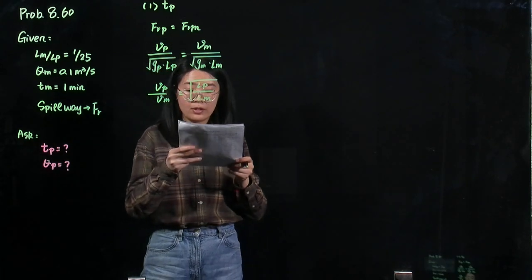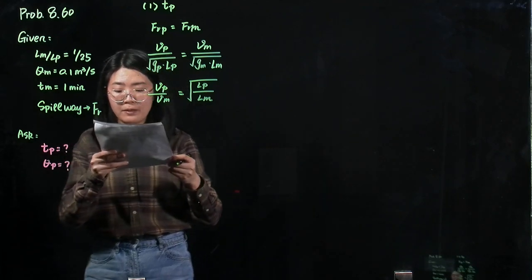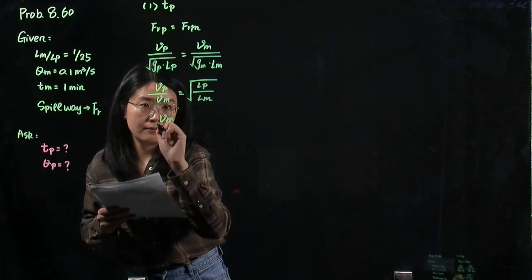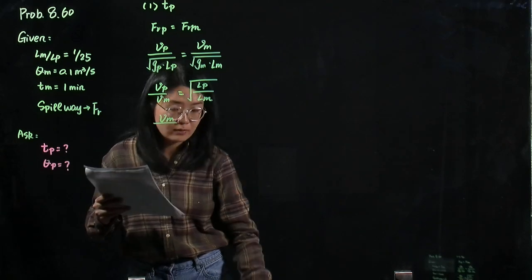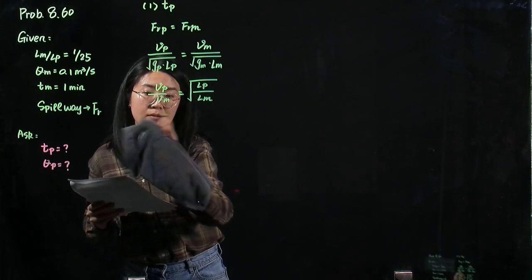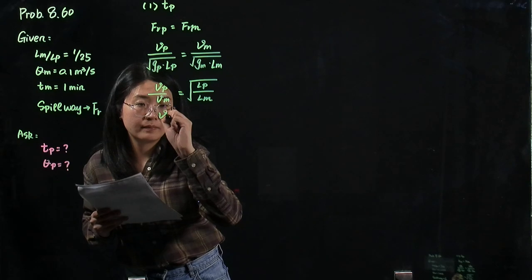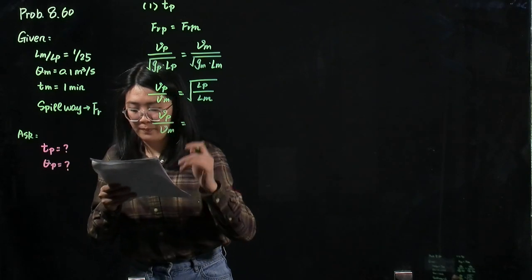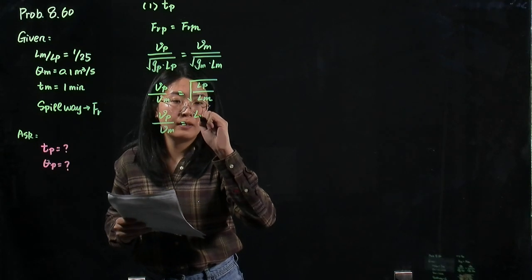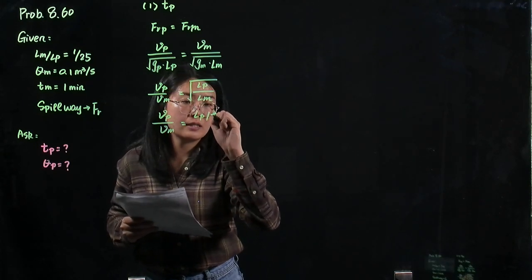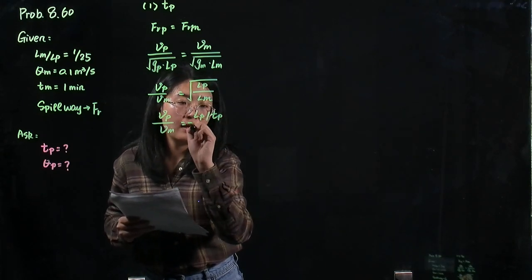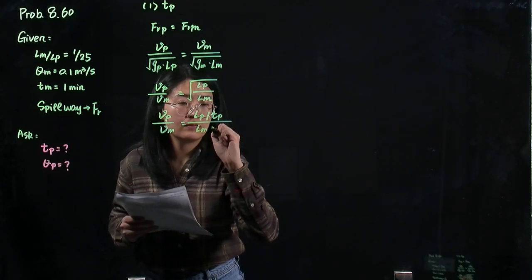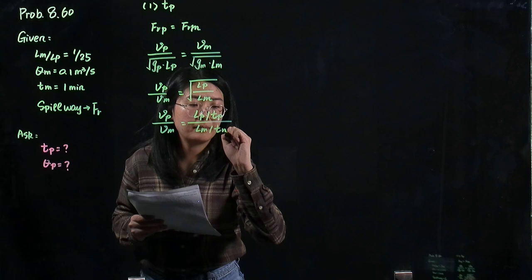Okay, so we know that Vp divided by Vm also equals Lp divided by Tp, and then divided by Lm divided by Tm, right?